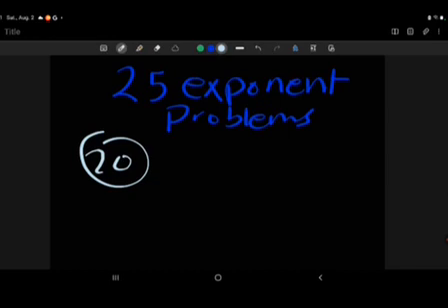Okay, problem 20. Now this is actually a negative, so we have negative 4 to the power minus 3. Okay, what does that equal to?